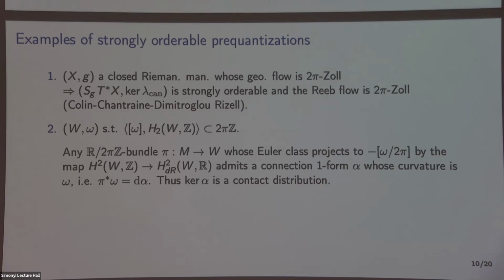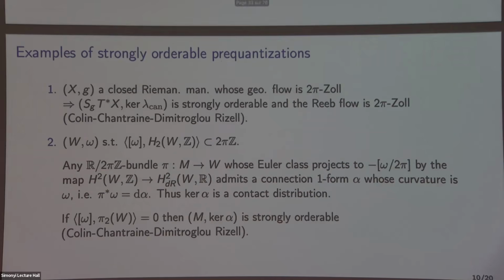To any such symplectic manifold, you can associate an S1 bundle whose Euler class projects to omega over 2 pi by the map that sends elements in H2 with coefficients in Z to H2 with coefficients in R. And this S1 principal bundle admits a connection 1-form whose curvature is exactly omega. And this will be a prequantization. Okay, this is a standard procedure.